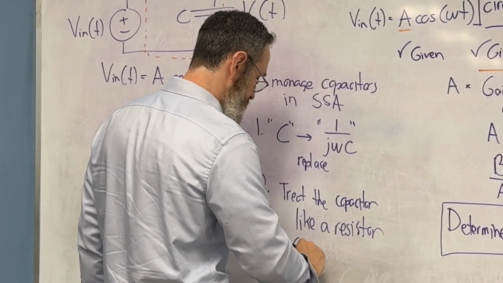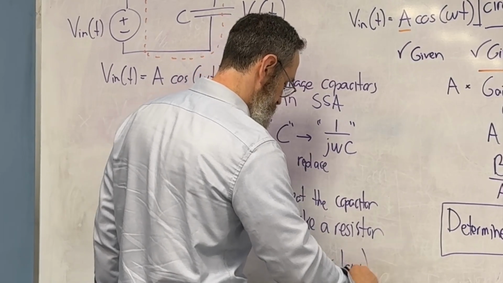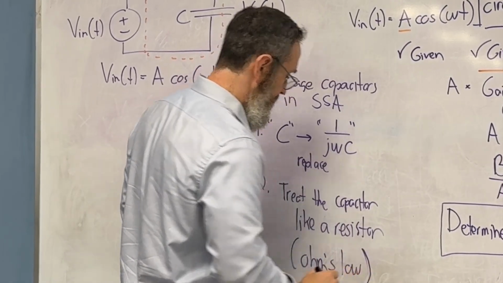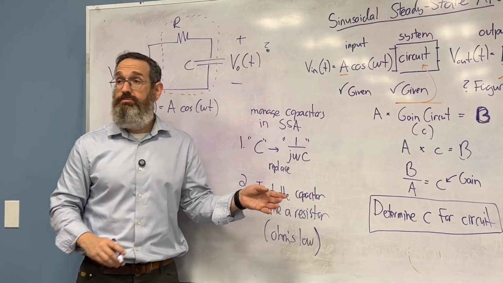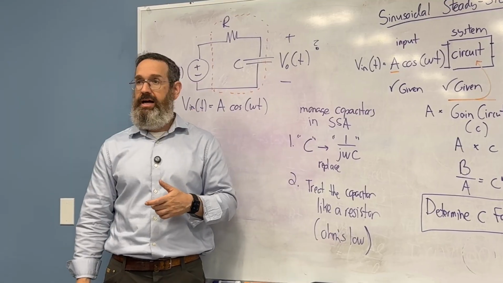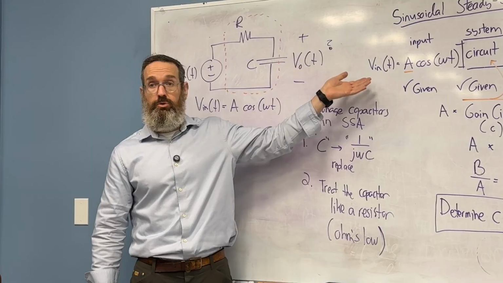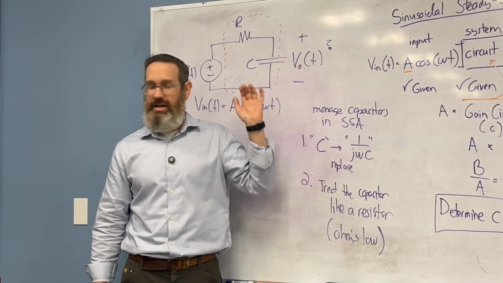And what I mean by that is that you can now write Ohm's law across it. And we will walk through this, but once you understand this, you can solve any circuit with capacitors in it, specifically for sinusoidal steady state analysis.